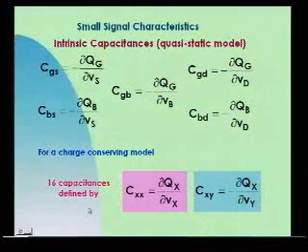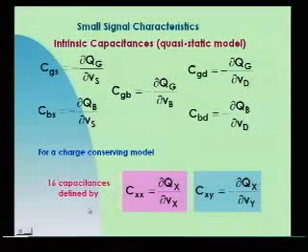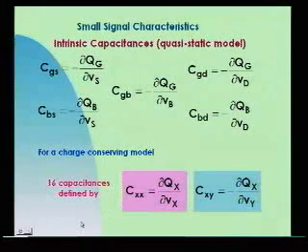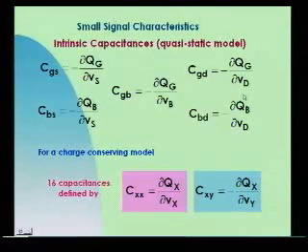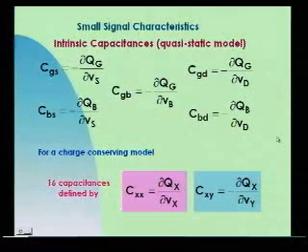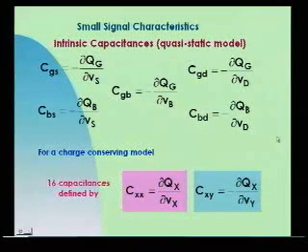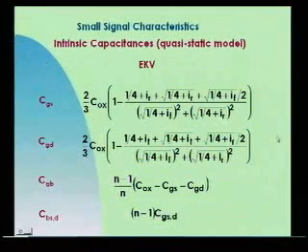Then we may calculate the other 7 to have 16 capacitance models, to have a charge conserving model that is still quasi-static. But I will show here the 5 more important ones. We don't give a charge conserving model, but they are still good for hand calculation.